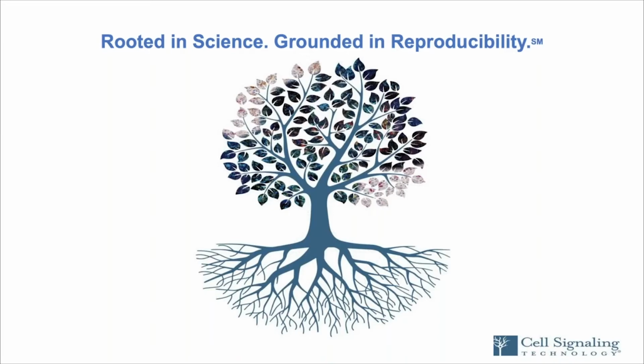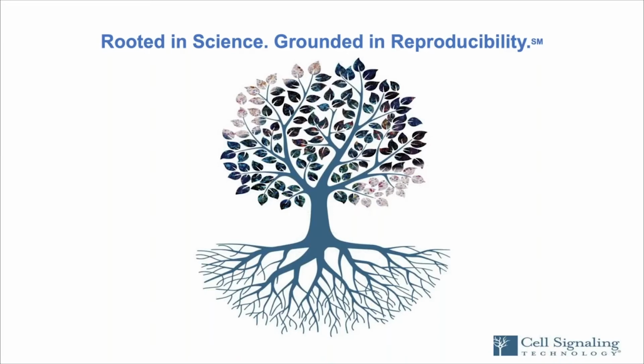Got it. And also in regard to retrieval, any suggestion on how to prevent the tissues from falling off the slides during the retrieval step? Yeah, that's a good question. We come across this issue occasionally at CST, usually when we're using fatty tissues like breasts or breast cancers, and we're heating in the microwave.